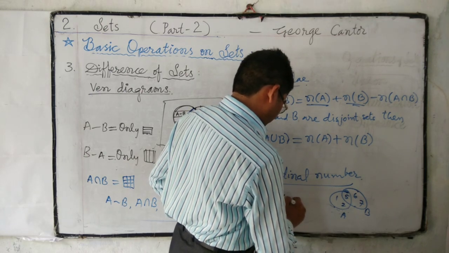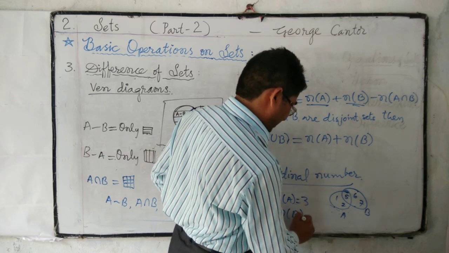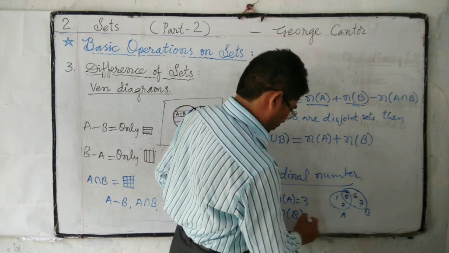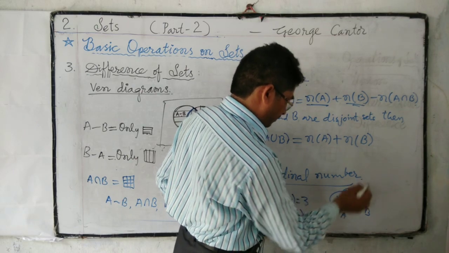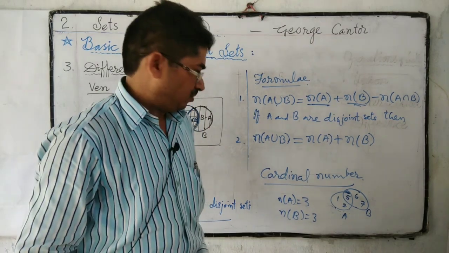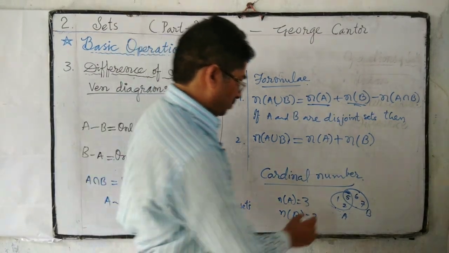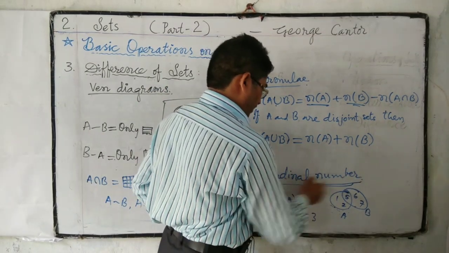Number of A is equal to 3. Number of B is also 3, with elements 5, 6, 7. So the number of elements in a set is called the cardinal number.